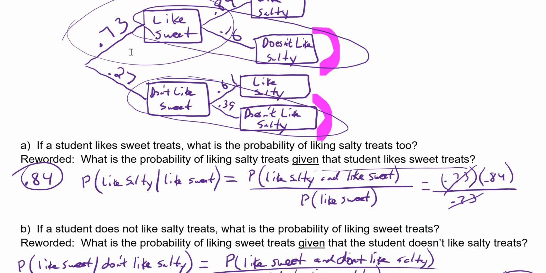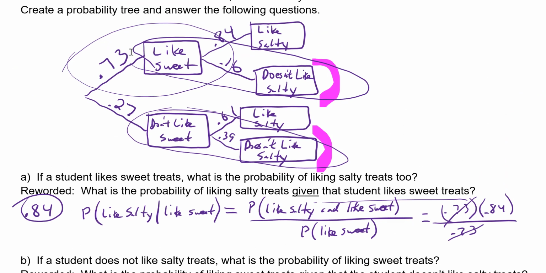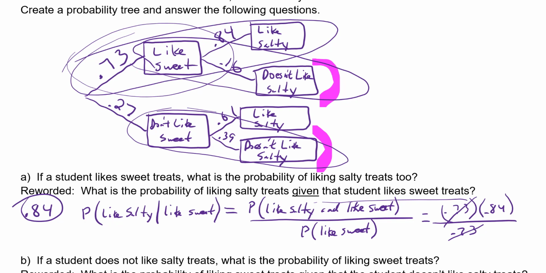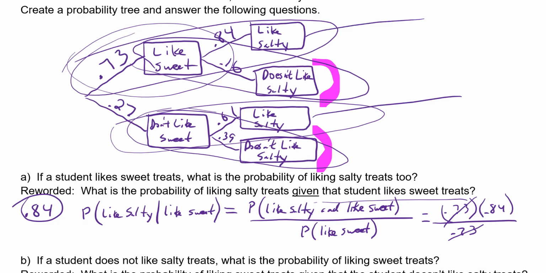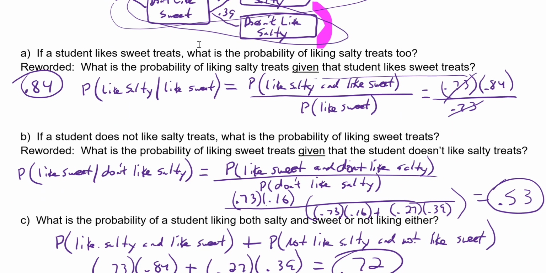That's not as easy, but liking salty treats is, again, you're either going to be this scenario or this scenario. So you got to pick the liking treats. So you're either going to like sweets and like salty, or you're not going to like sweets and you're going to like salty. Okay, so it's one or the other. So let's write that out here.